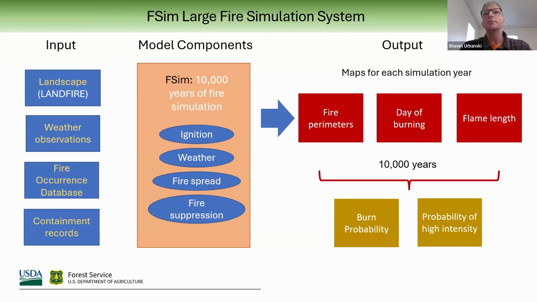And then in the output, for each simulation year, we receive fire perimeters, a map of day of burning, so we know on which days FSim simulated that a particular pixel burned, which is important, as I'll talk about later. And also flame length. You take those 10,000 years together, and you can look at things like Rachel and Karin were discussing earlier about mapping out, over a landscape, what's the burn probability or the probability of a high intensity fire, for instance.